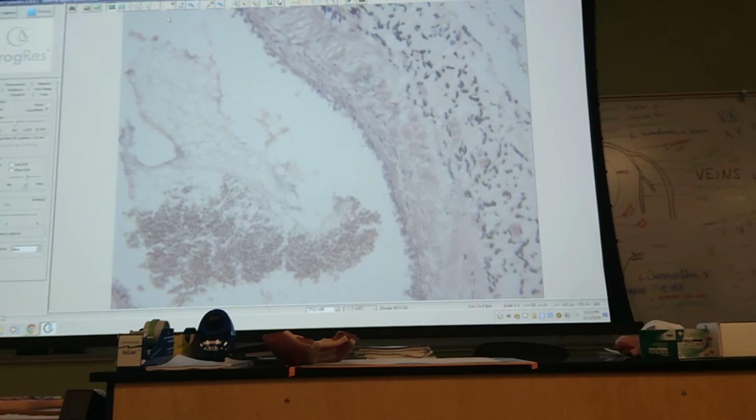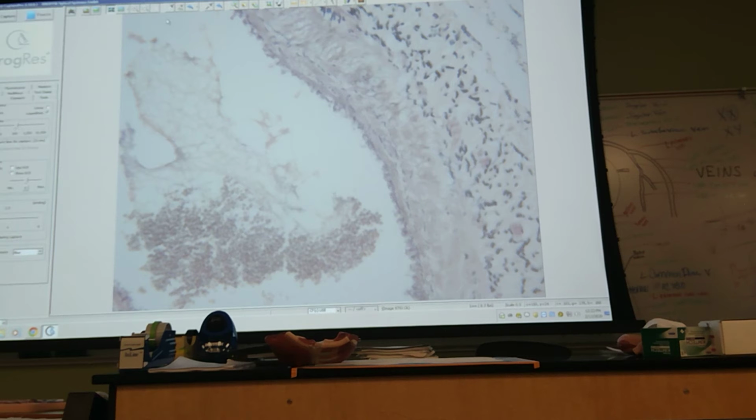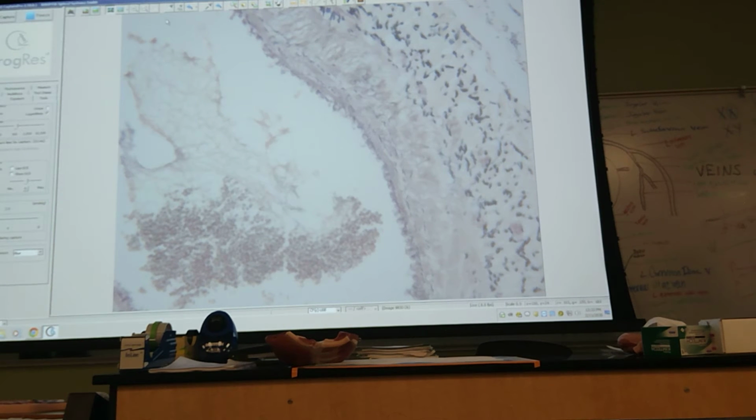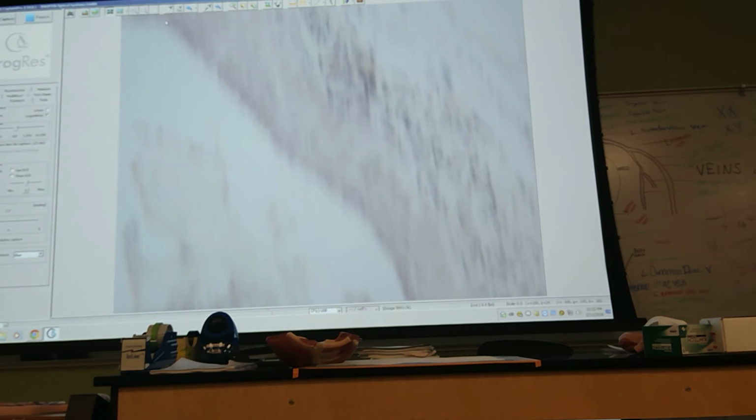And another thing that's absent: there's no external elastic membrane. So the tunica media consists only of the smooth muscle layer. You then have the adventitia, which looks very much like the adventitia that you see in the artery. And you can also find, we'll just roam around.